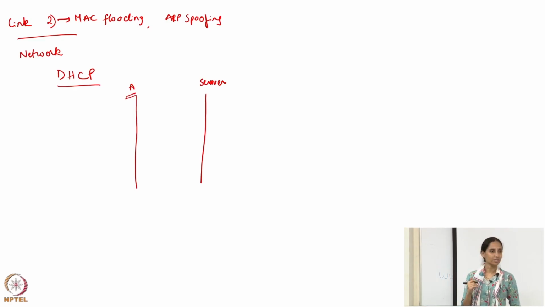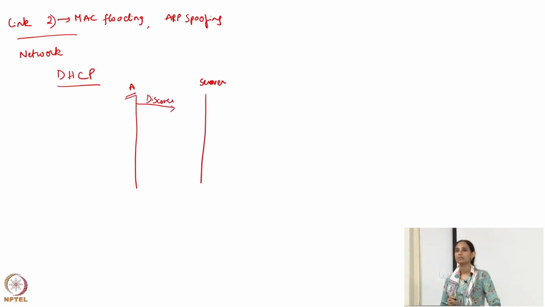It will have a MAC address because that comes with the hardware chip, but it will not have any IP address, and it needs to get hold of one. So it sends out a DHCP discover message.